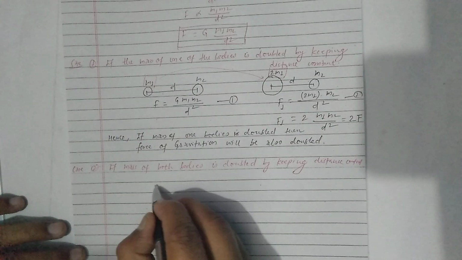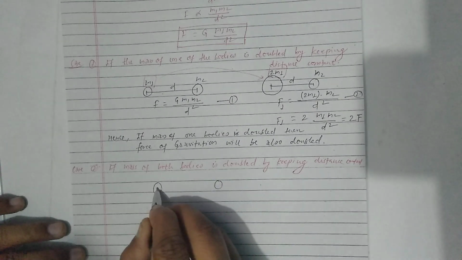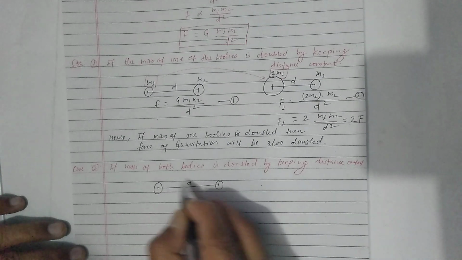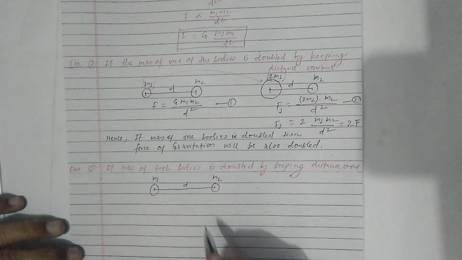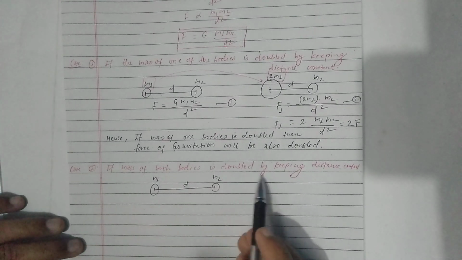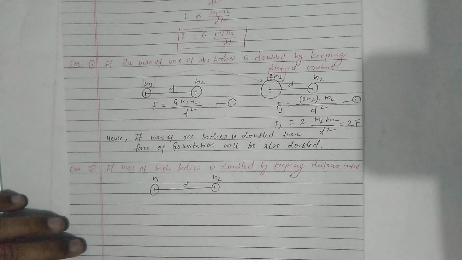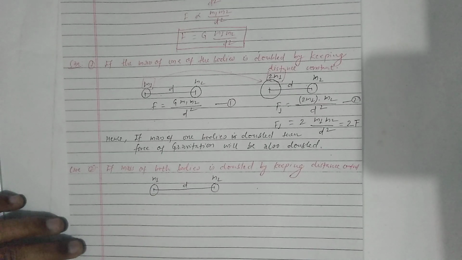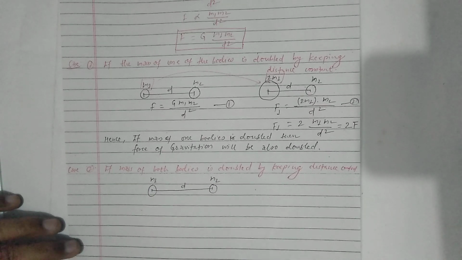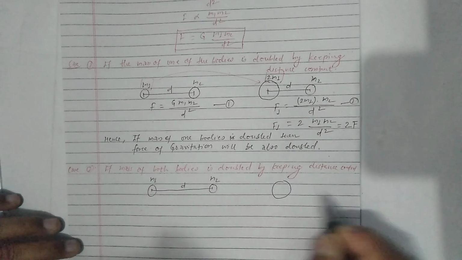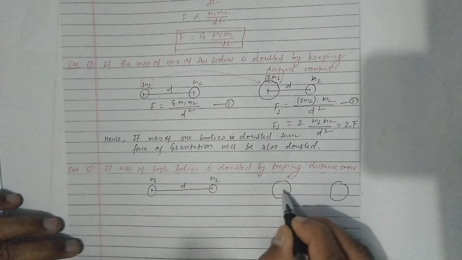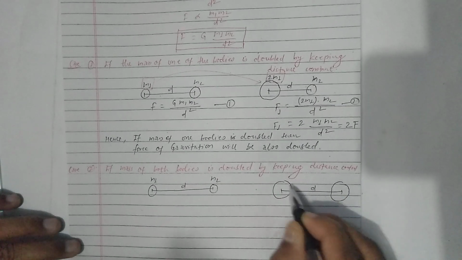Similar to this, you can see here, two bodies are separated by distance d, having masses m1 and m2. If the masses of both bodies are doubled, this mass also gets doubled and this also gets doubled, and the distance remains the same, that is d.